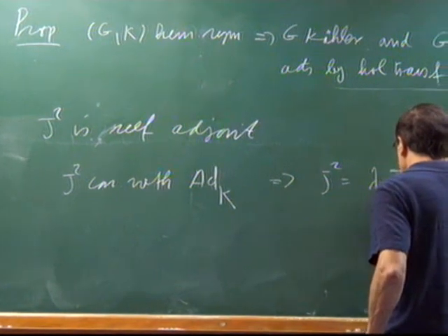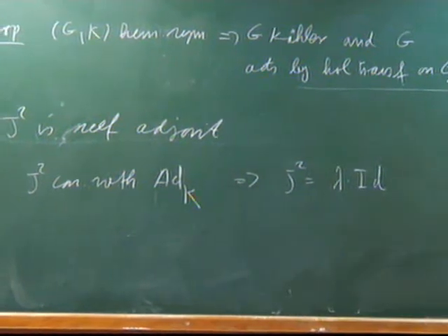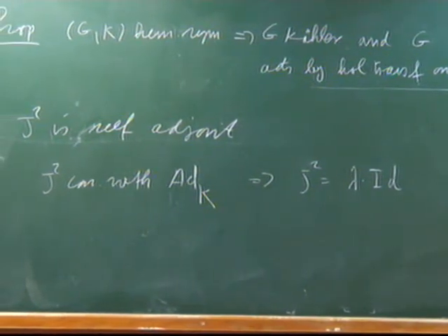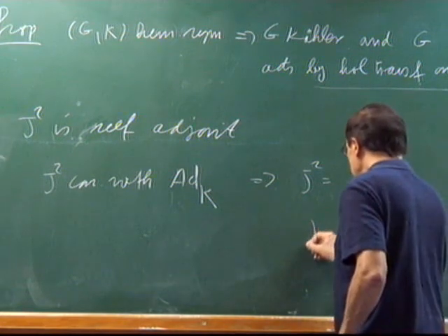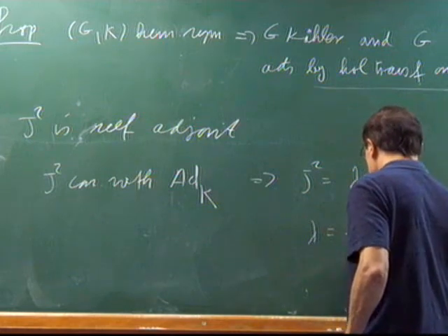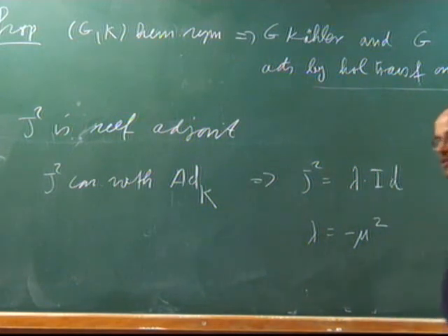Right? Lambda times identity. But it's not clear yet whether it's plus or minus 1 or whatever. It's just some real number. I don't know yet that J is an isometry either, so I can't use that either. But I can say that lambda is negative because J was skew adjoint.